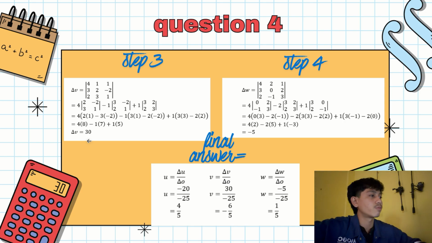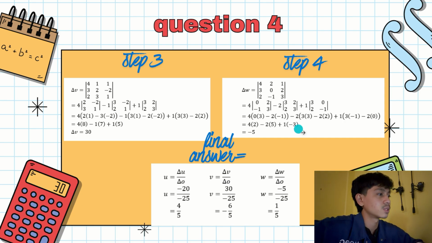So next is step 4. We find delta w. We find delta w by replacing the w column of the coefficient matrix with the constant terms. We calculate the determinant of the new matrix. 4 is multiplied by 0 times 3 minus 2 times negative 1.